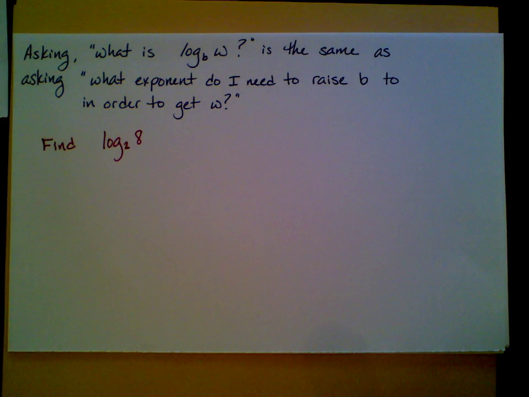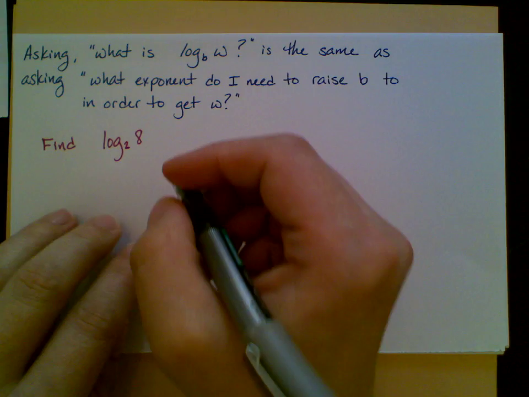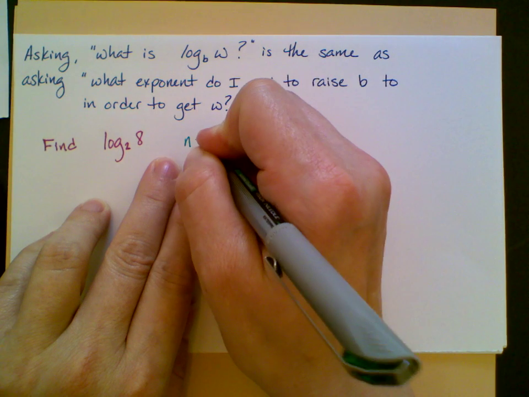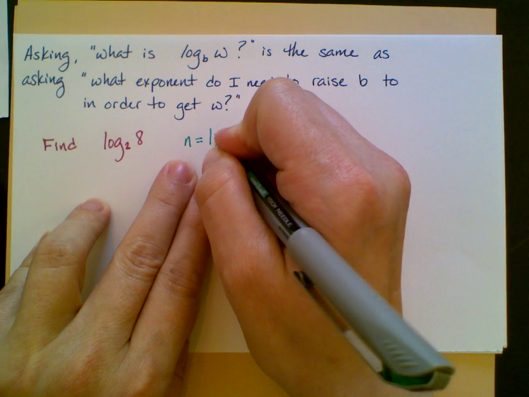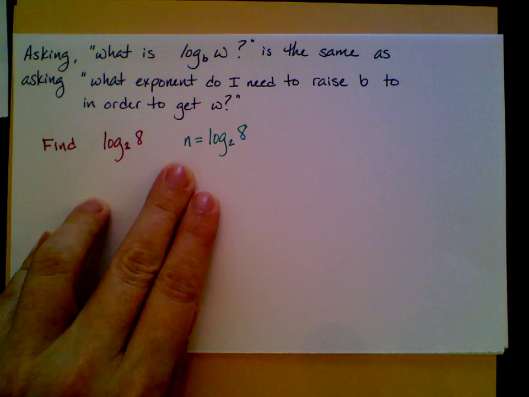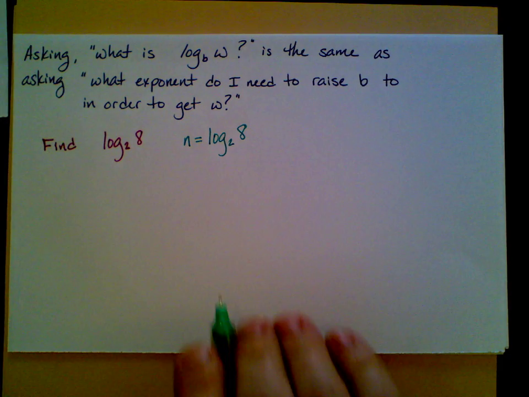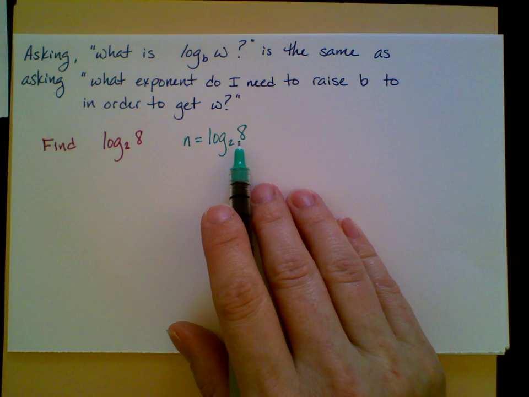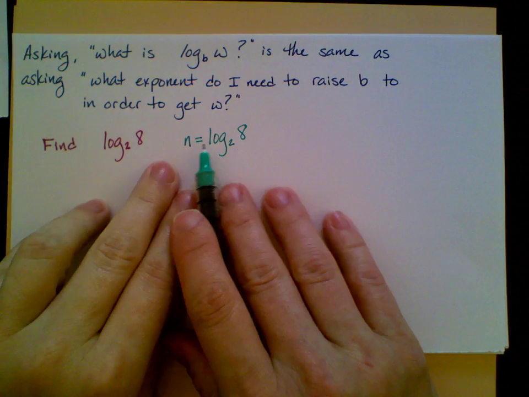One way of approaching this that I find helps some people can get straight there just by asking the question, but some people like to say, if I let n be this logarithm, now I have an equation that I can write in exponential form.